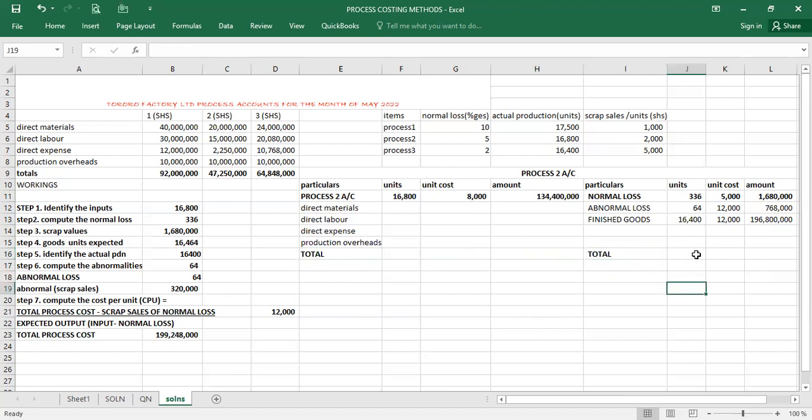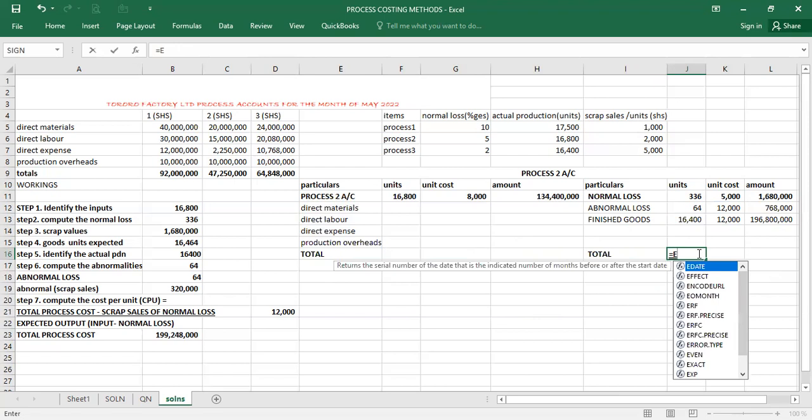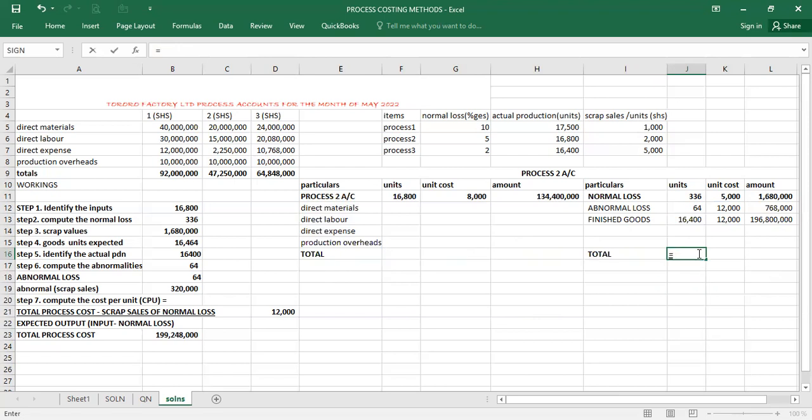So we can get the totals from here. We say sum. We are summing from here up to here. It will give us that.